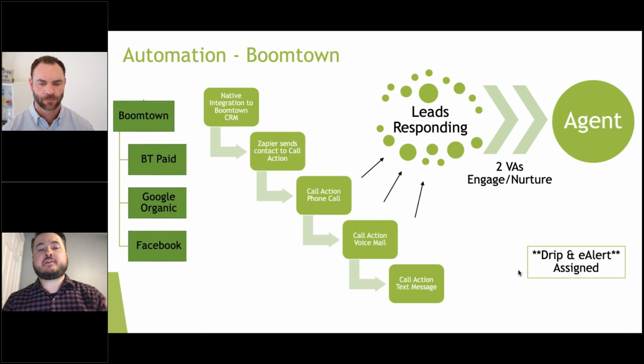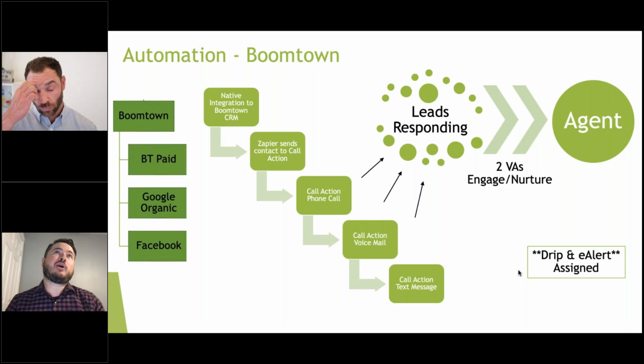Our average engagement rate when we communicate with a customer in CallAction is 45%. So half the time we reach out to a customer, and these are any customer, any lead source, 45%.